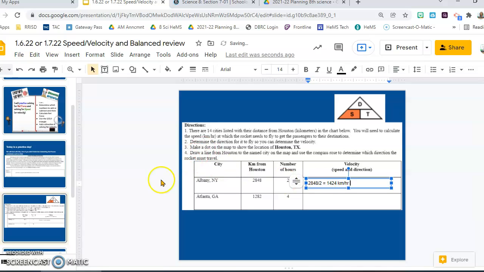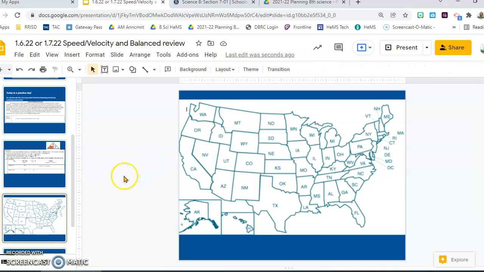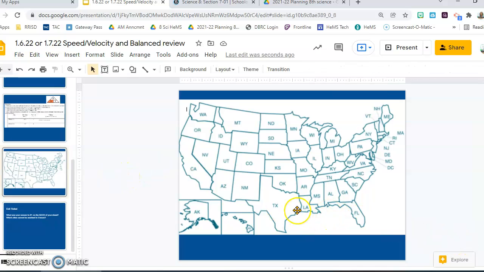Now if I was to look at a map, because it says we're starting at Houston, Texas, let's take a look at our map here. Houston, Texas is right about here. If I'm going to go up here to New York, well, I have north, south, east, and west.